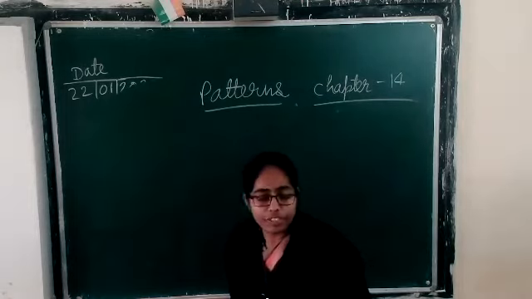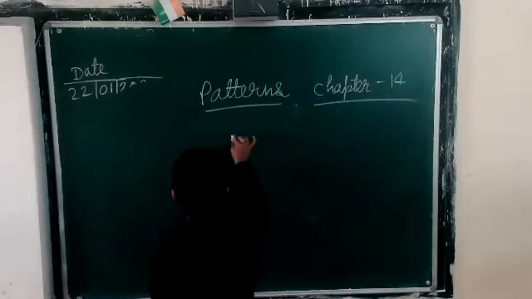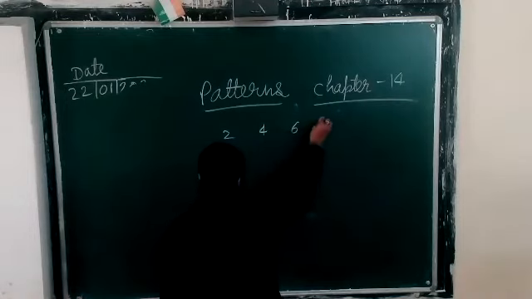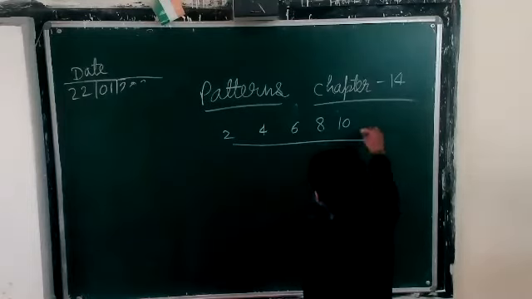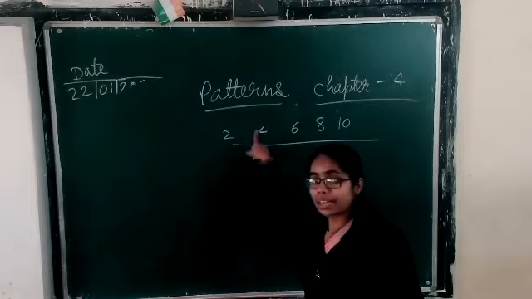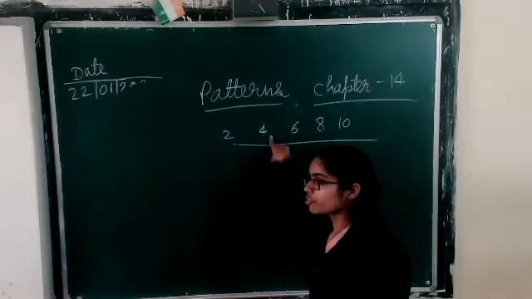Similarly, like the figure patterns, we have the number patterns. Suppose if I write like this, 2, 4, 6, 8, 10. These numbers are in the pattern. Which pattern? Next number comes after adding 2 or multiplying 2. 2 2s are 4.